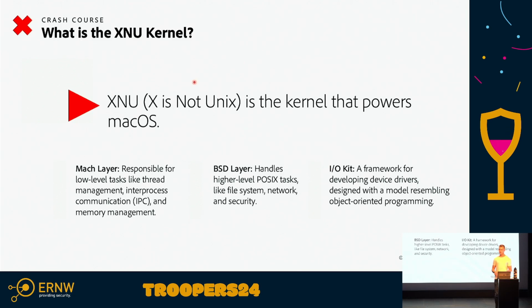You also have the BSD layer, which handles higher-level tasks, things like file system accesses, reads and writes, and network protocols. And then there's IOKit, which is a framework for developing device drivers. Once again, we're going to be honing in on the Mach layer here, and specifically inter-process communications.